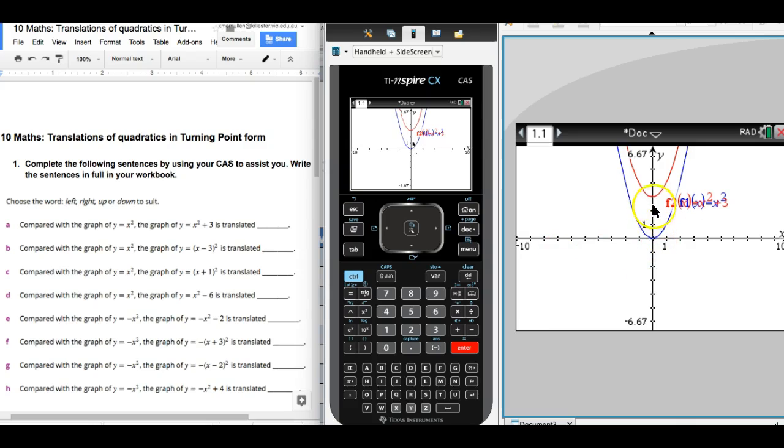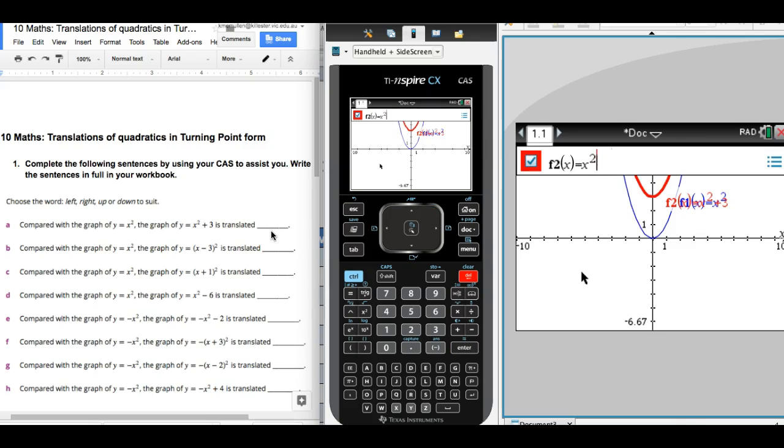It has moved up 3, and that's what this plus 3 actually means. So here you would write the graph of y equals x squared plus 3 is translated up 3 units. Try to get into the habit of saying how many it's moved up by.